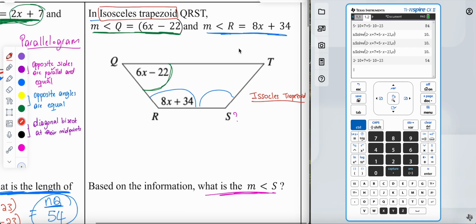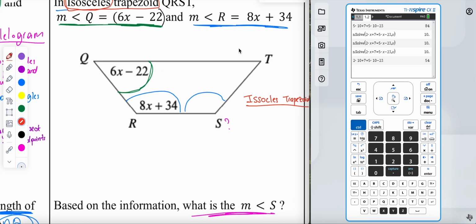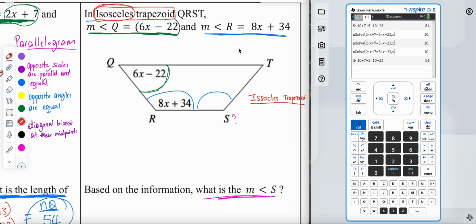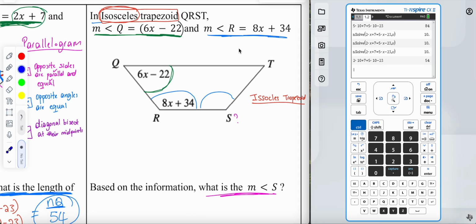So the word isosceles right here is giving us some information. In an isosceles trapezoid, these two sides are opposite and they are parallel, but they are not equal. Notice that one of them is longer than the other one.